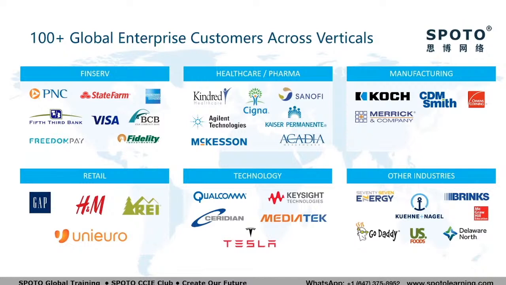These are the global enterprise customers who are using the Cisco SD-WAN solution. You can see these customers are in finance services, healthcare, pharmacy, manufacturing, retail, technology companies, and also other industries.